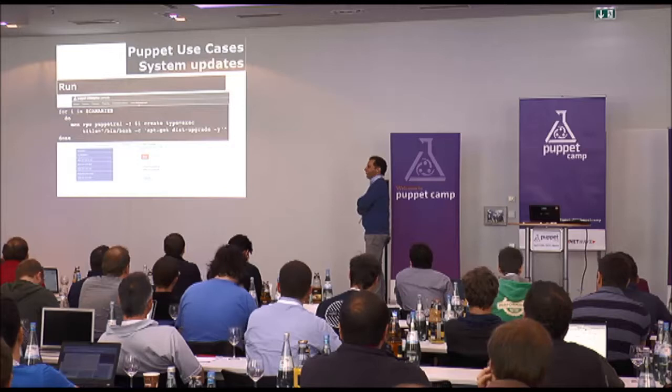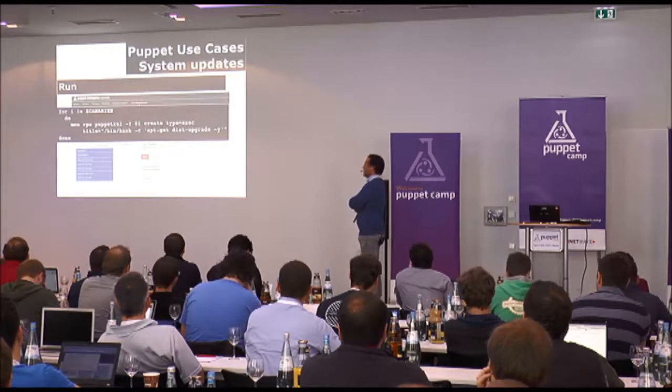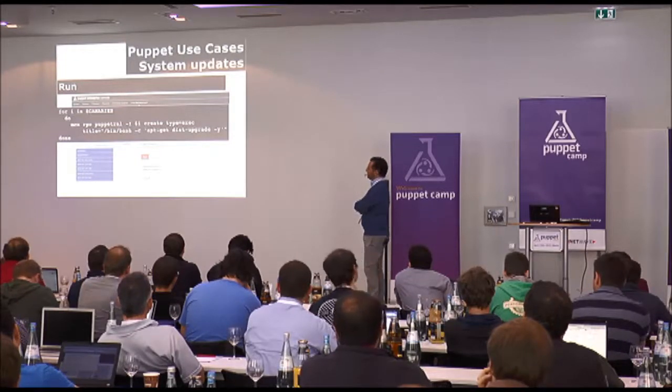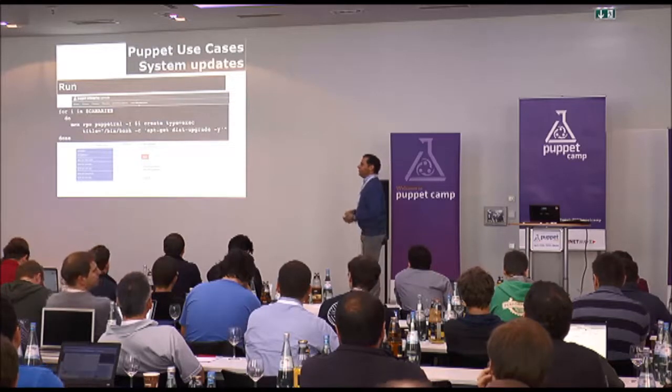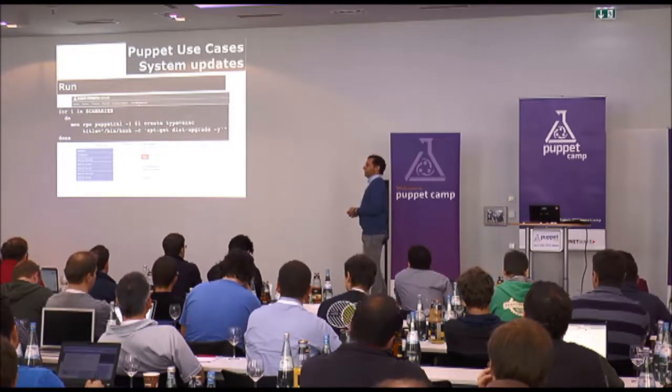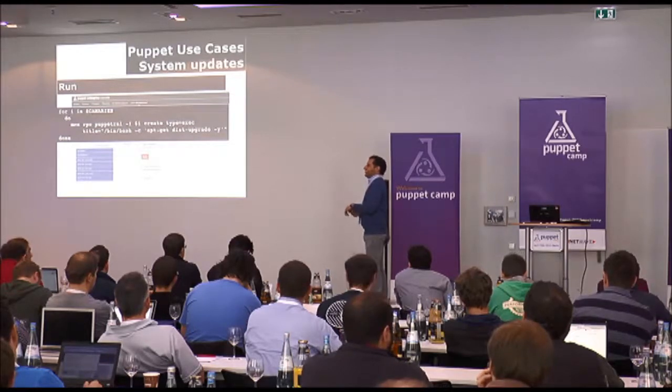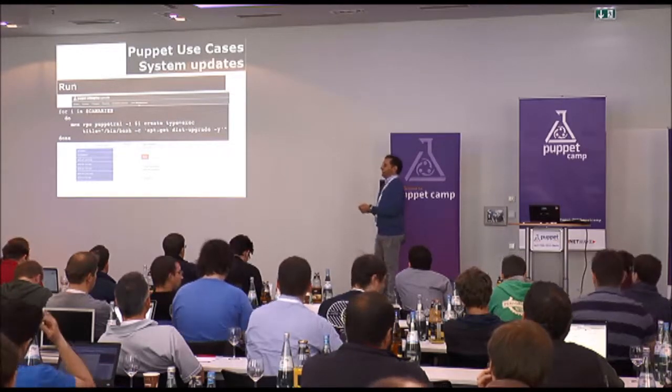Basically, it's a command line MCO call with an exec to just run apt dist upgrade. The fun bit is that you do get, per canary there, an output saying the success or failure of the operation, so you can actually see that on the console.